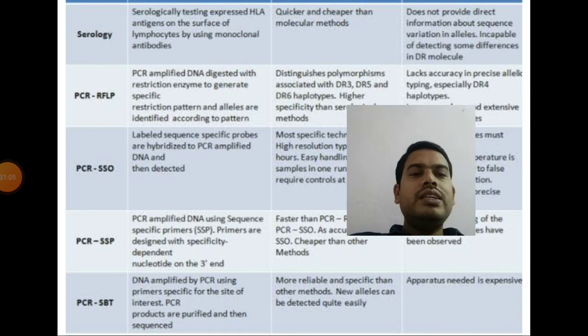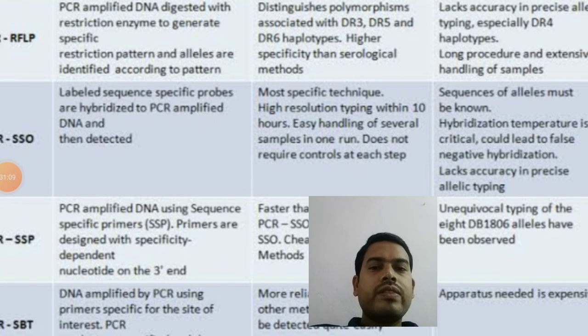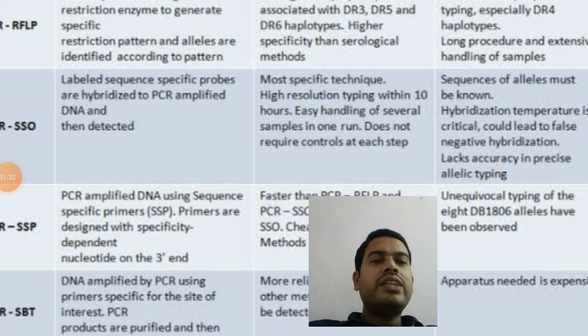The other method is PCR SSO, sequence specific probes. You use sequence specific probes to HLA alleles and compare between donor and recipient. This is also called the most specific technique.